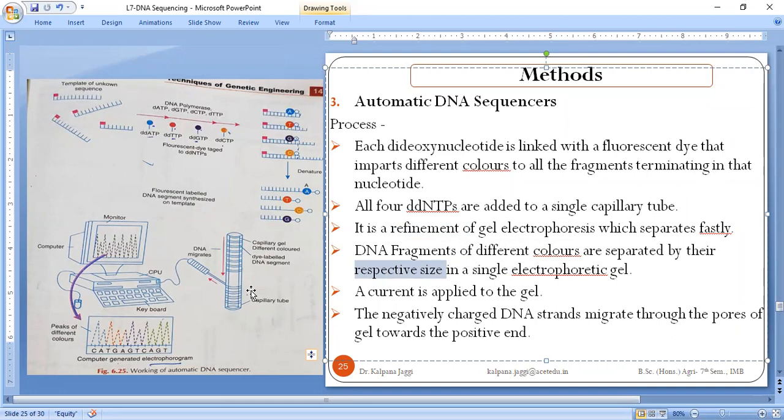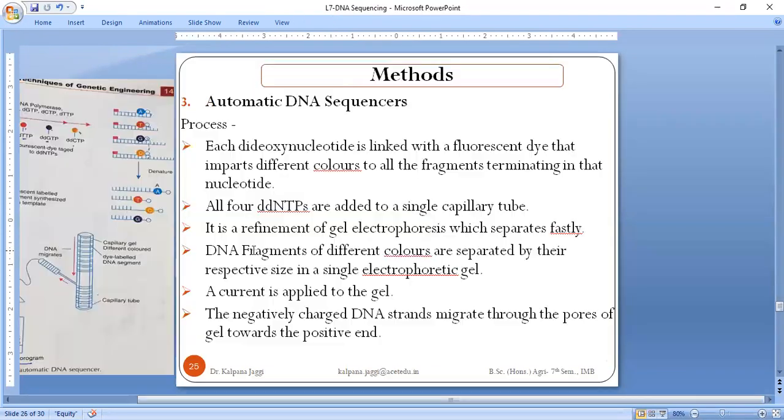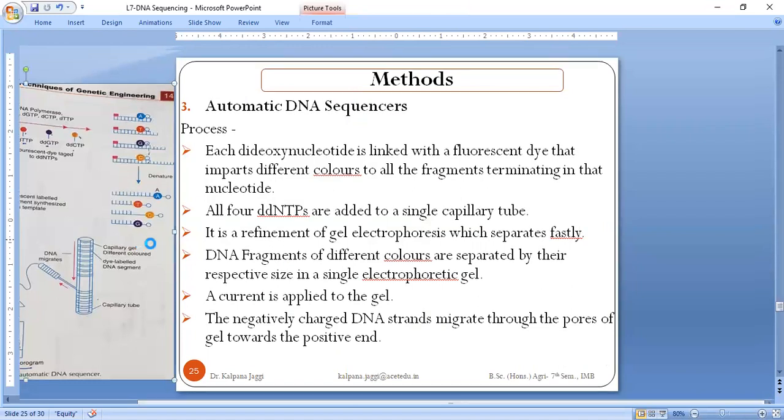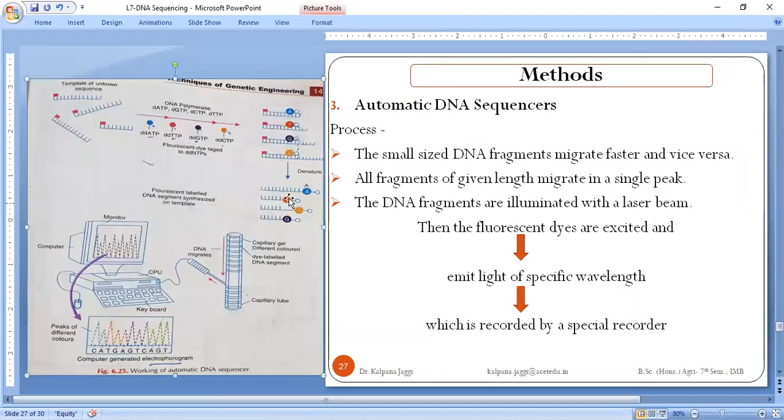Again, current is to be given, of course, because the DNA is not going to migrate unless it is given electric current. When electric current is given, DNA will start migrating to the opposite electrode. Of course, smaller fragments will migrate faster and vice versa.